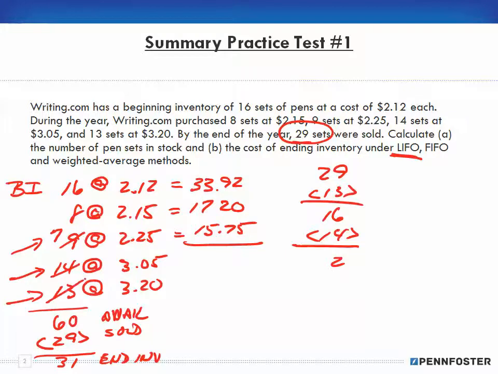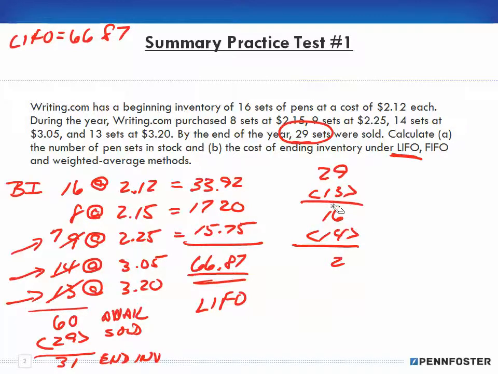They're no longer in inventory. So I don't have to extend them, and I just saved myself doing 2 steps of math, right? And that's what I was referring to before, okay? So when I add all 3 of these figures up, I end up with a value of $66.87 for my ending inventory using LIFO, okay? So LIFO is equal to 66.87, right?